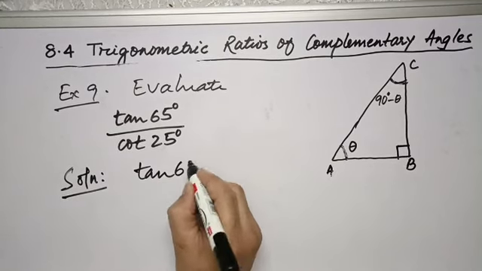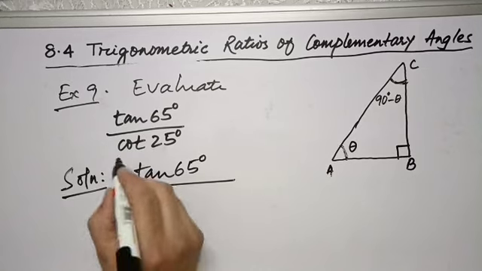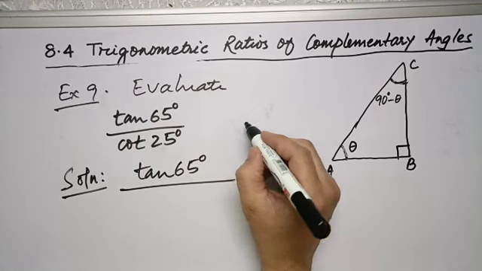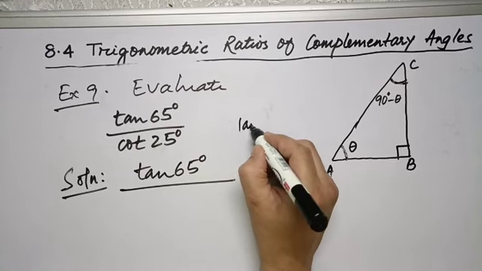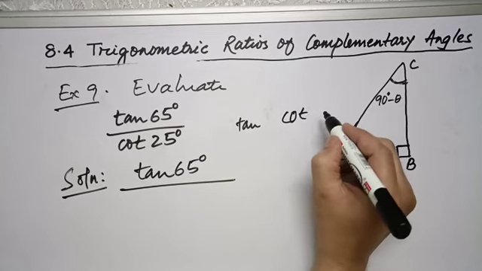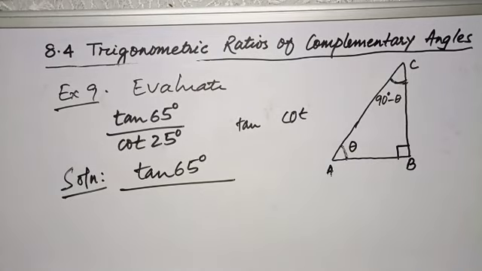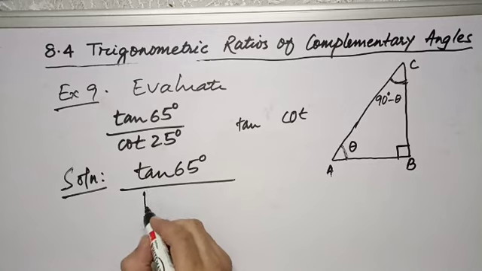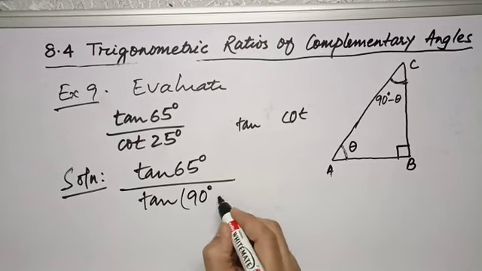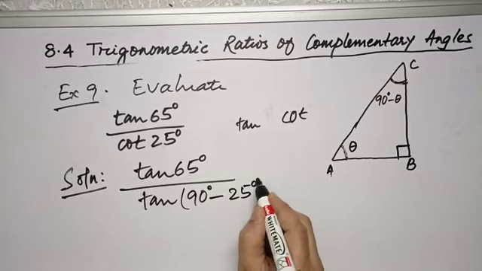Suppose I write tan 65 as tan 65, and cot we can change. Just now I told you that there is a relation between tan and cot, right? What relation is there? It is a complementary angle, so if I change this value, I can write cot 25 as cot (90 minus 25).